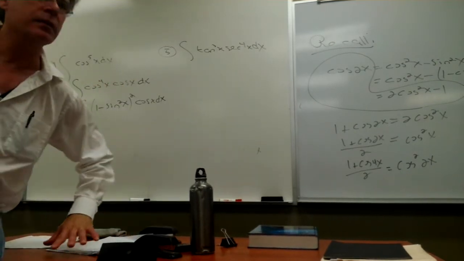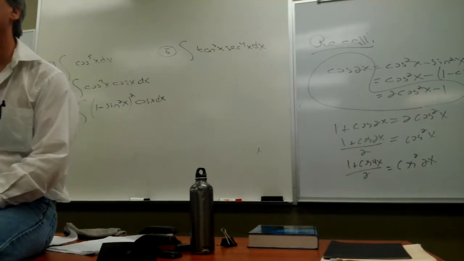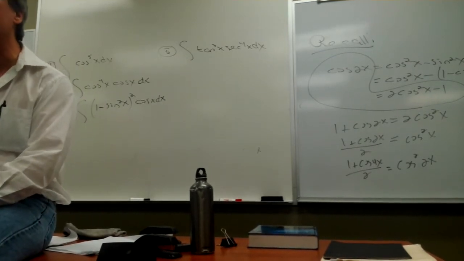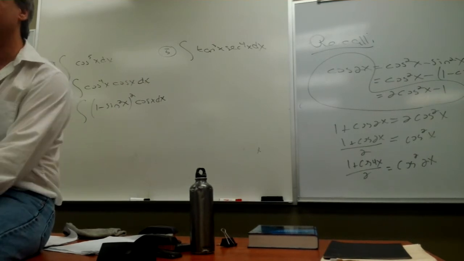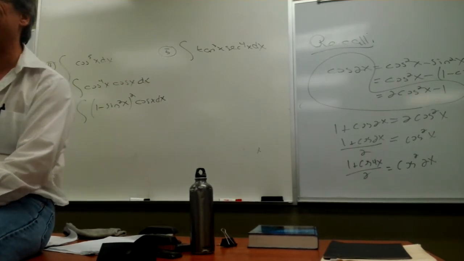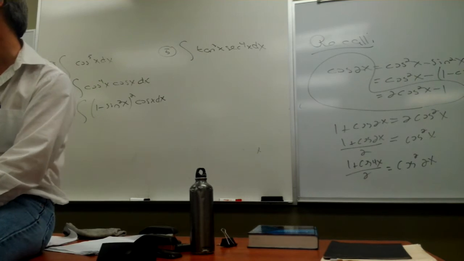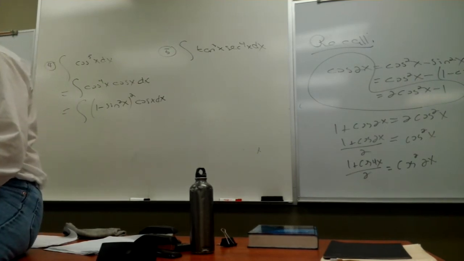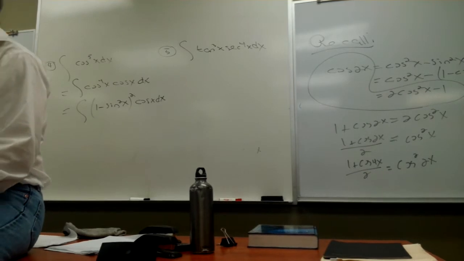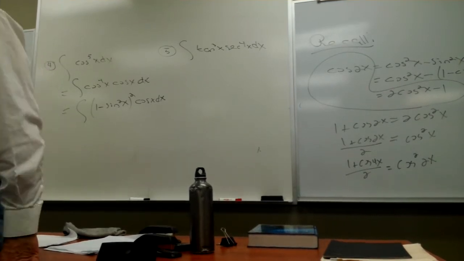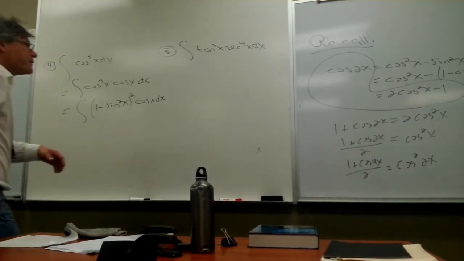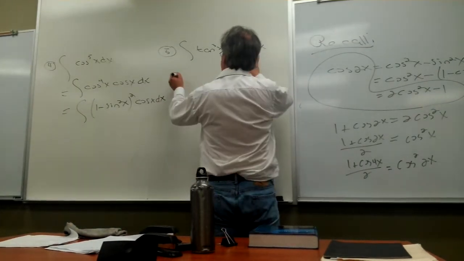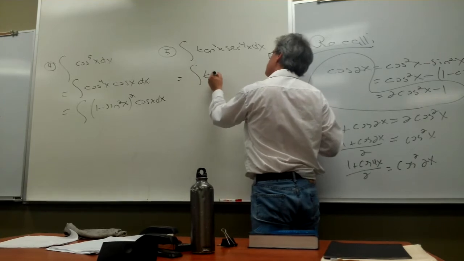Because secant squared of x is the derivative of tangent of x, when the secant's being raised to an even power, who cares what's going on with tangent? I will shave off 2 such factors.